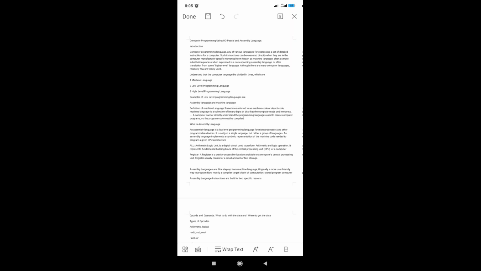Whichever language you are using to communicate with the system, at the end of the day, there is something called a compiler or interpreter. Depending on the programming language you are using, it transforms it to the native computer language, which is binary numbers, made up of ones and zeros.